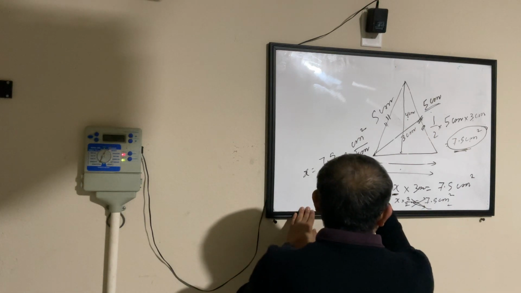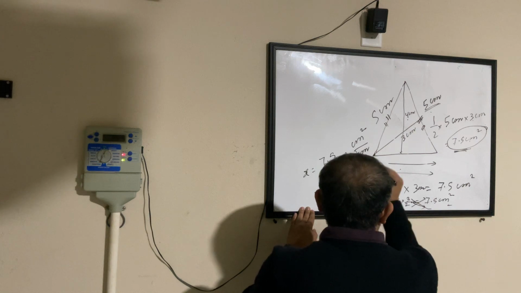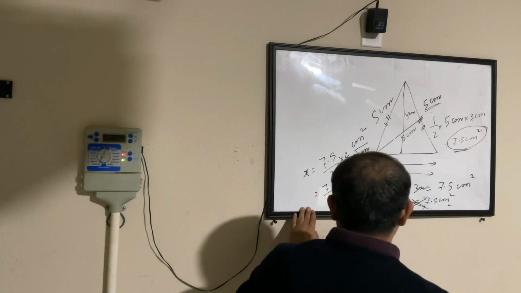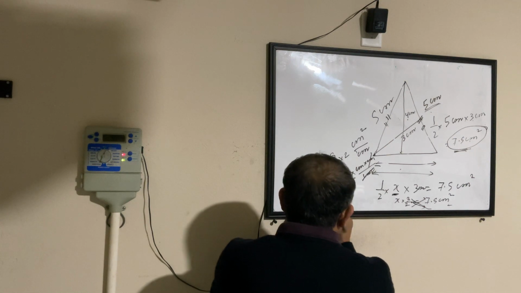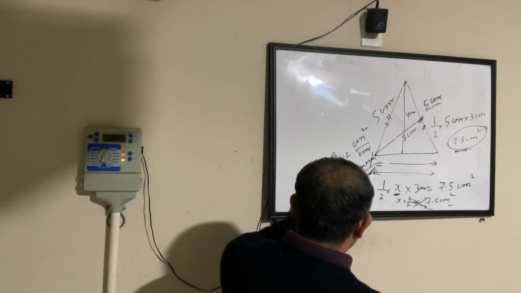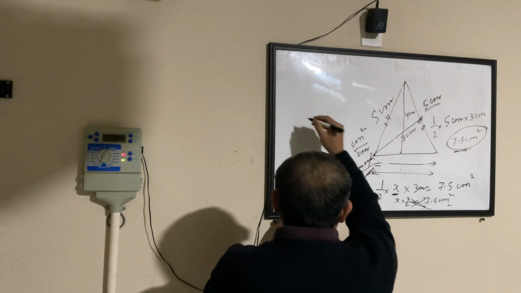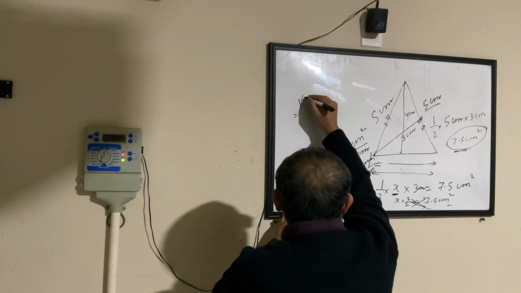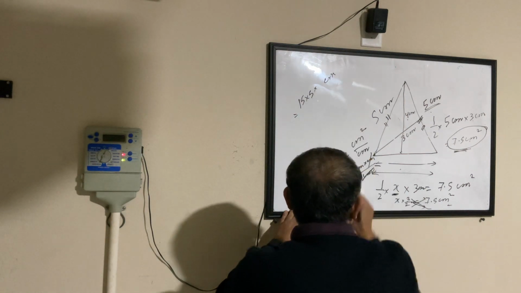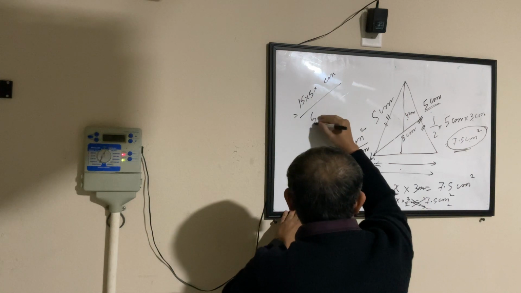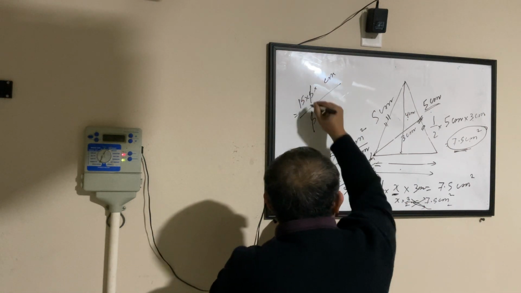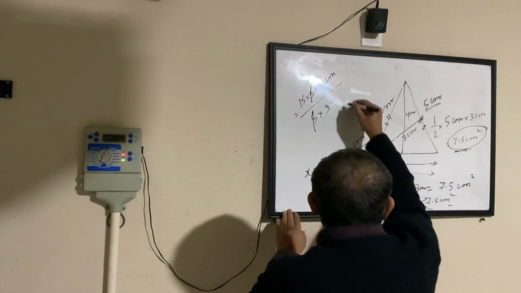And then centimeter square, you can say centimeter into centimeter divided by centimeter. 1 centimeter, tic-tac-toe, gone. 10 you can write as 2 into 5. So 2 and 2 is gone. What you have? 75. 75 is 15, 5 is 75. So 75 you can write as 15 into 5 and 2 is gone, and you have a centimeter here divided by 5 into 3. This 5 and this 5, tic-tac-toe, gone. 15 by 3 is what? 5.